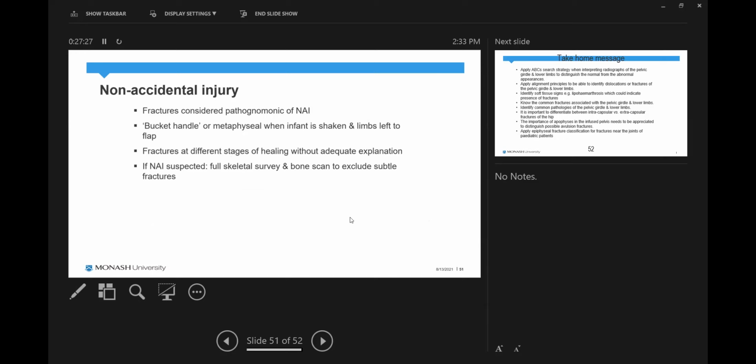Of course, with our pediatric patients, we shouldn't forget about non-accidental injuries. So fractures can be considered pathognomonic for NAI.